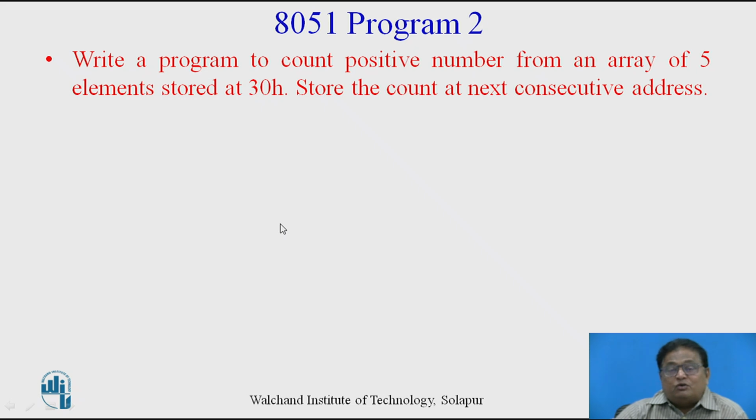Okay. So before going to the program, if we are talking about signed numbers, how do we check whether the given number is positive or negative? If we are using 8 bits to define a signed number, then the MSB is reserved for the sign, and the lower 7 bits decide the value of that number.